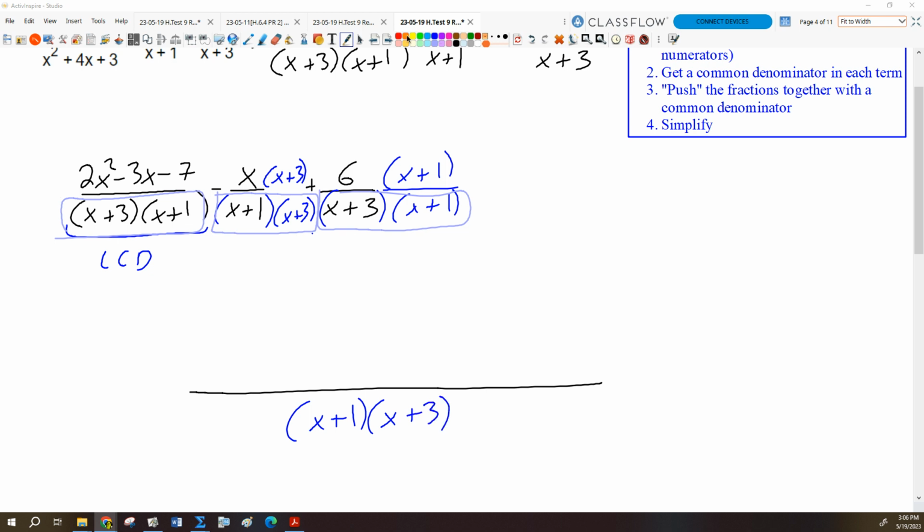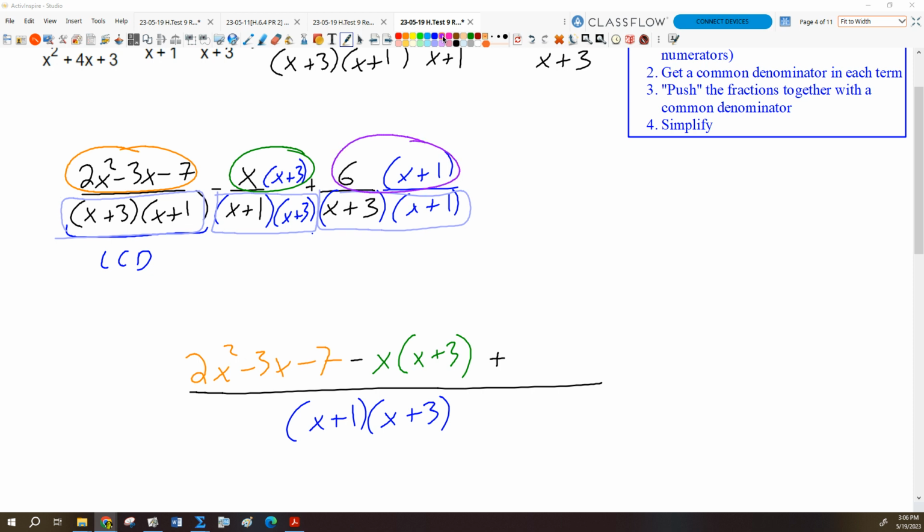Now, what's going to be on top? Well, I've got this whole thing minus this whole numerator plus that numerator.